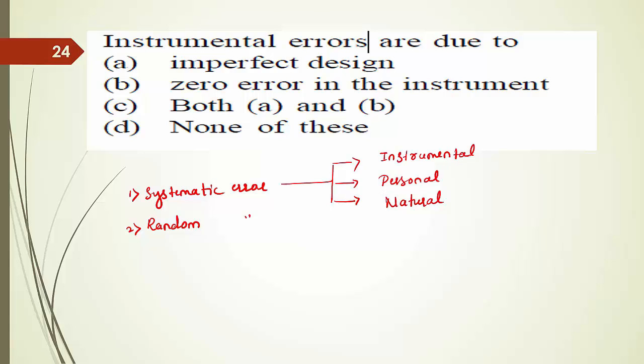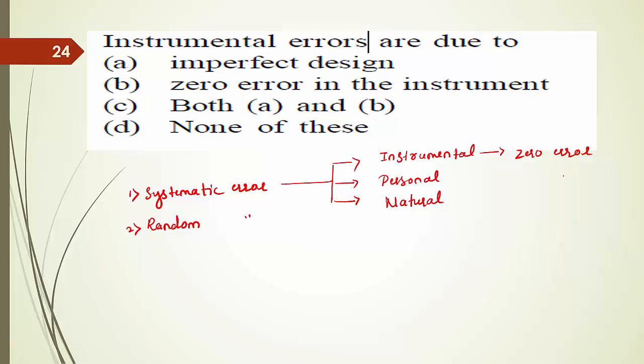I will give you one example for instrumental error: zero error in screw gauge as well as in vernier calipers. We already studied instrumental error in detail. Instrumental errors are due to imperfect design in the instrument, or some defaults in the instrument, or zero error in the instrument.